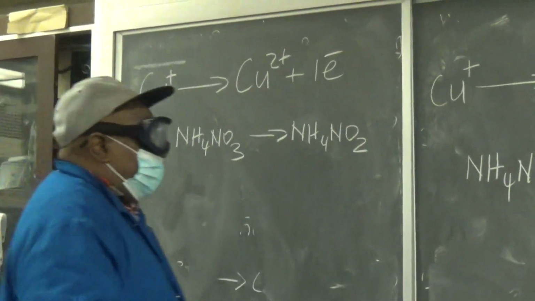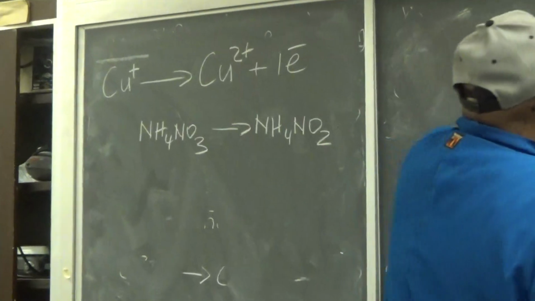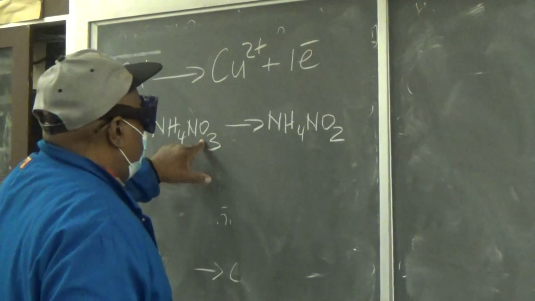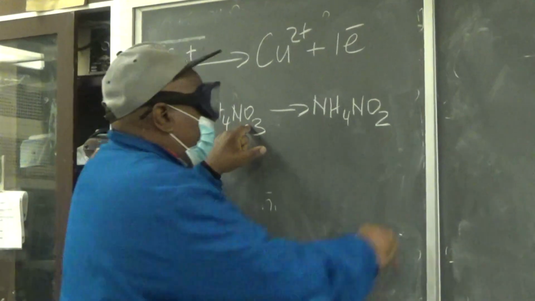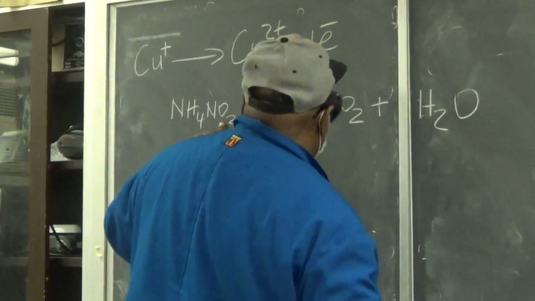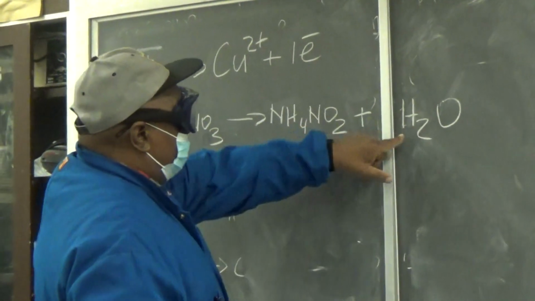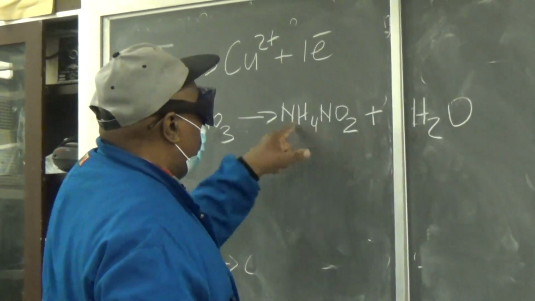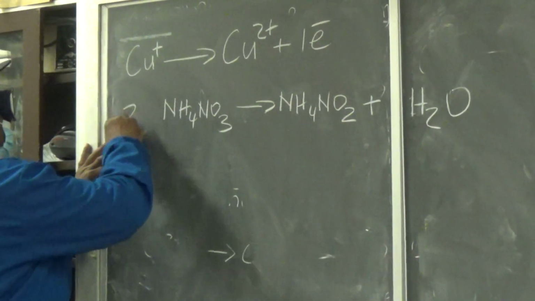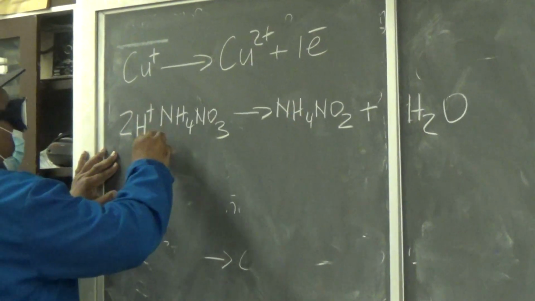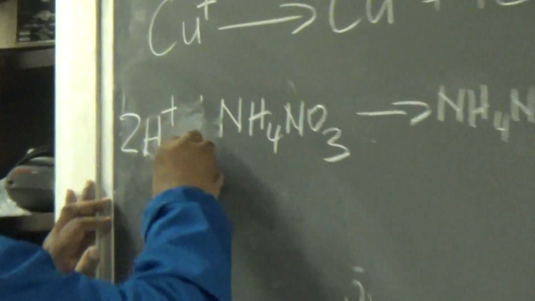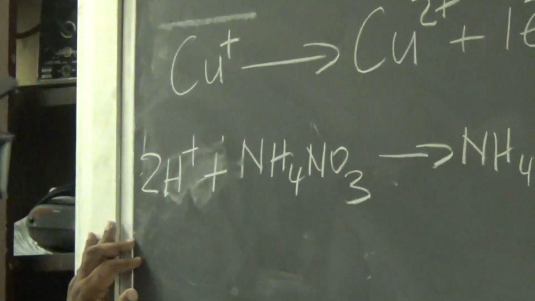Now we need to balance that. So you have one more oxygen here. And here you are going to add some water. When you add water here, that means that you have 6 hydrogen on this side, and you need 2 more here. Okay? 2H plus on the left.